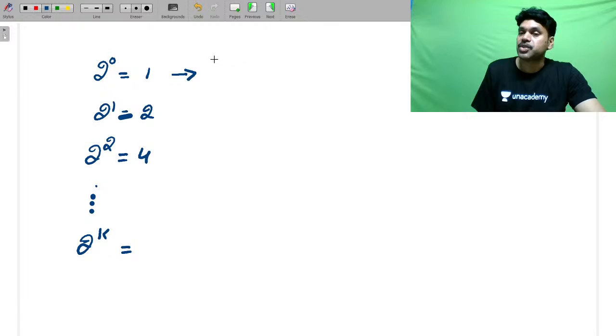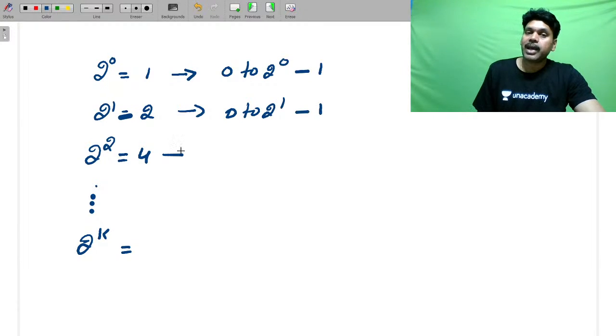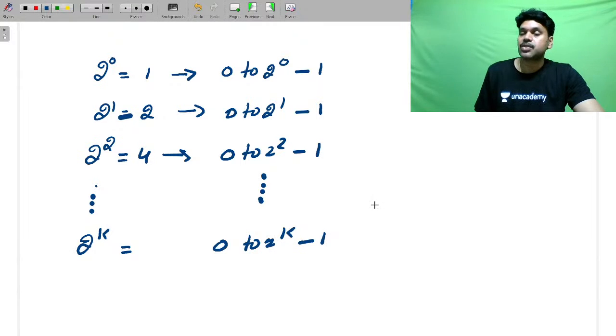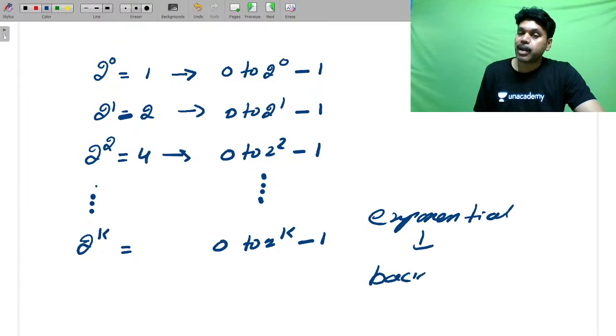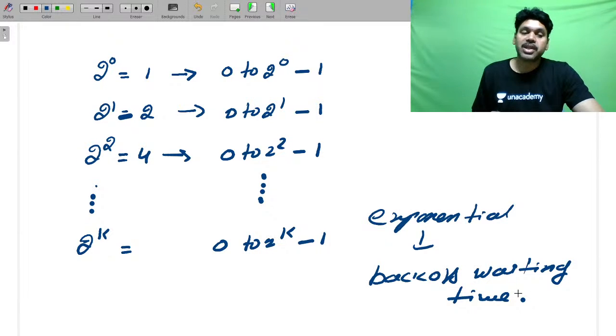Now when you get collision number 1, it is 0 to 2 power 0 minus 1, and 0 to 2 power 1 minus 1, and 0 to 2 power 2 minus 1, and so on, 0 to 2 power k minus 1. That's why your waiting time is in the form of exponential. This is called the exponential algorithm, and it is going to provide backoff waiting time, hence it is known as the exponential backoff algorithm.